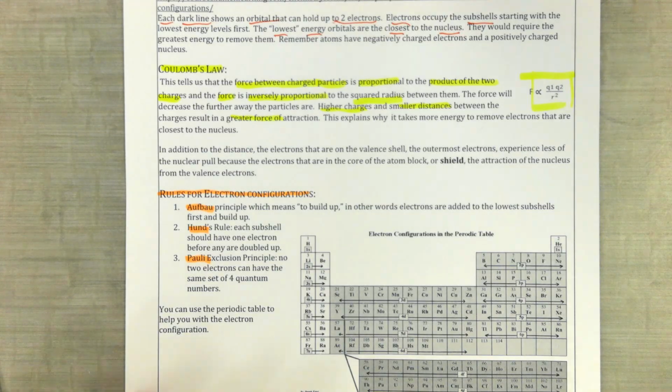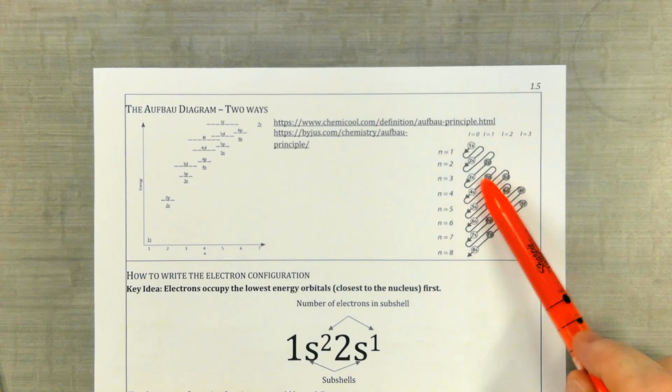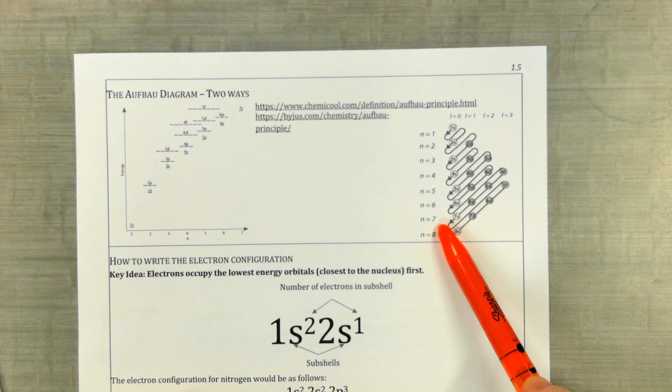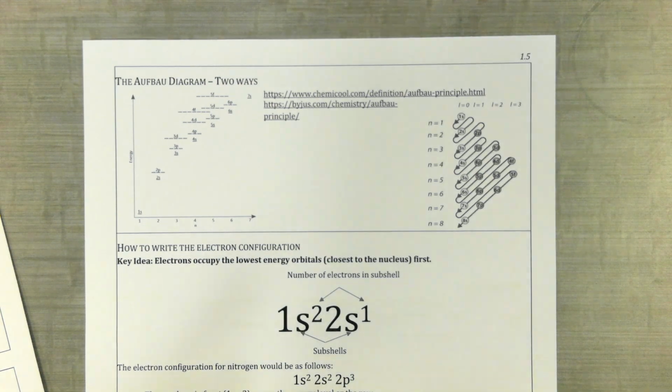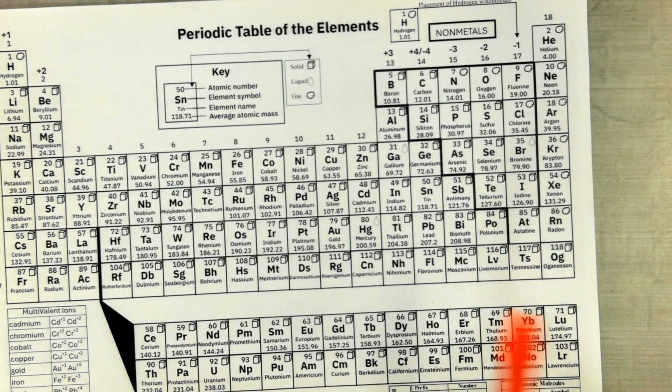All right. Now, another way of looking at Aufbau and electron configuration is this. This is another way to look at Aufbau. We've got 7 periods. Now, why is there an 8s here? There's no period 8. Well, we've filled up the periodic table already. We're up to 118.